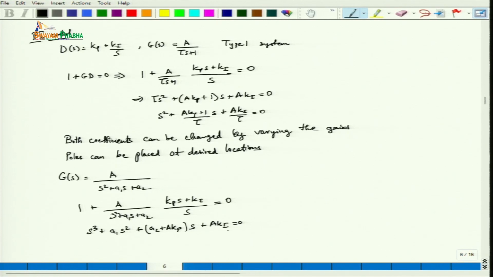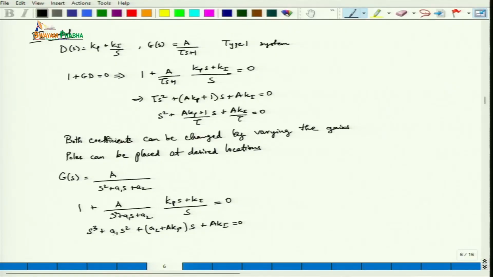Here, there will be 3 poles and we are interested in 3 coefficients. The one corresponding to s to the power 0 can be controlled using Ki. Similarly, s to the power 1 can be controlled using Kp, but the coefficient corresponding to s square is independent of the controller gains.